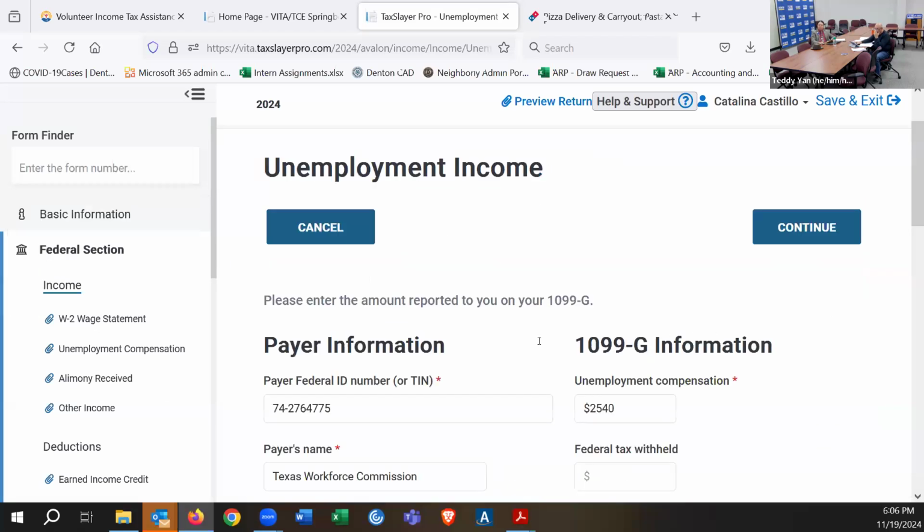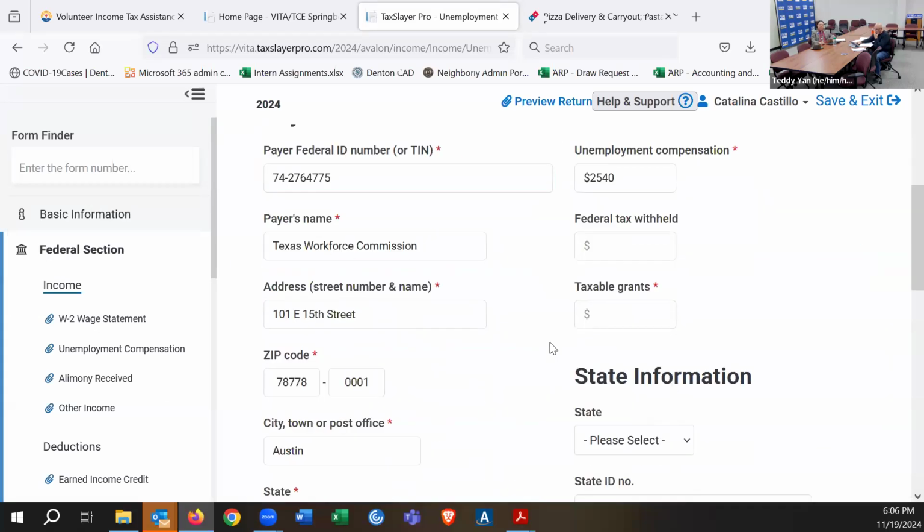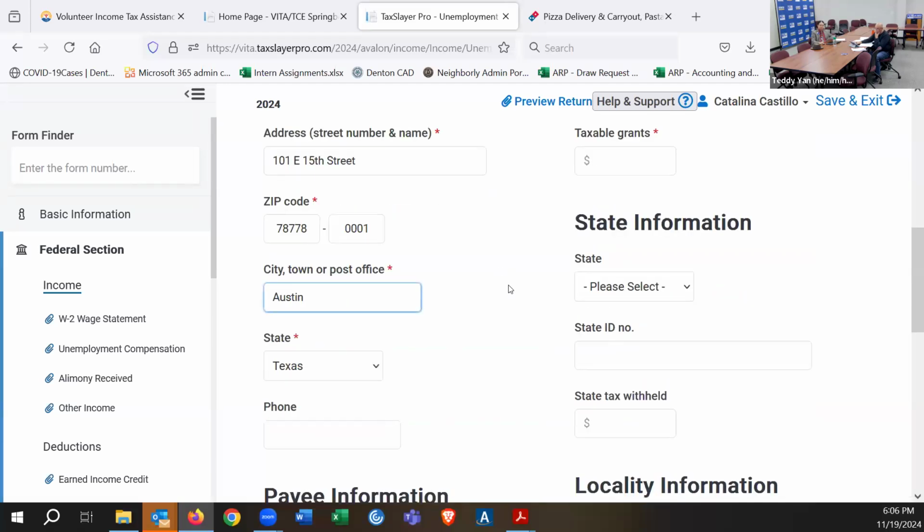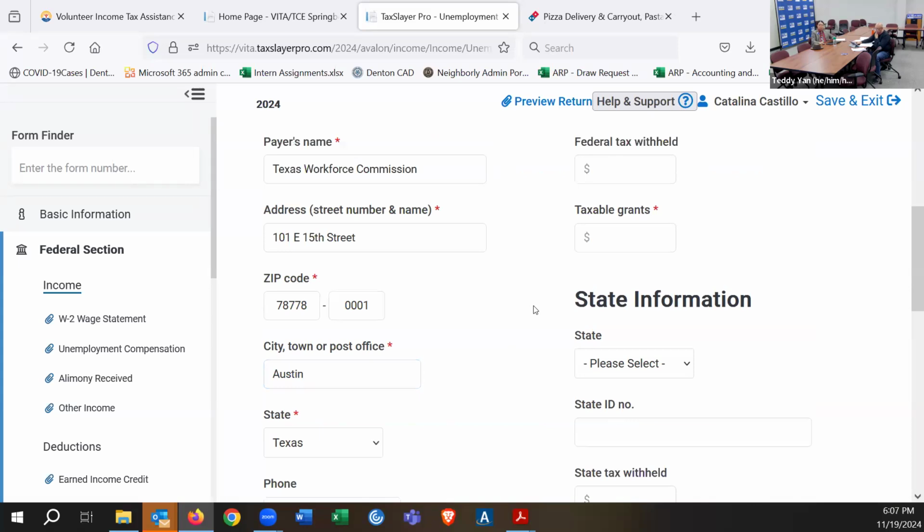It's going to ask for a payer's federal ID number. You can add that in. It may or may not automatically load in Texas Workforce Commission's information. If it automatically loads it in, then we do the standard practice of double check, make sure TaxSlayer imported the proper info.